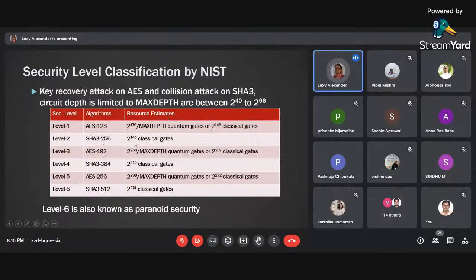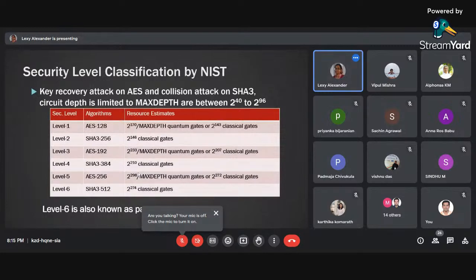And level 3 means security of AES 192, which is defined as 2 power 233 per max depth quantum gates, or 2 power 207 classical gates. Security level 4 is for SHA-3 384, level 5 is for AES 256, and level 6 is SHA-3 512, which needs 2 power 274 classical gates. So level 6 is also known as very paranoid security, because maximum we are talking about is AES 256.